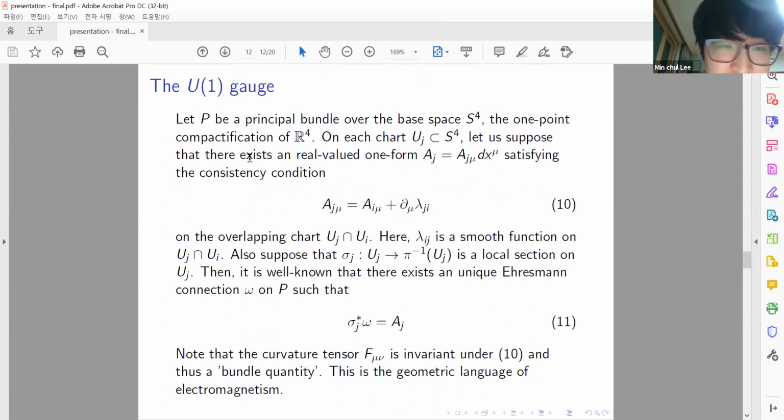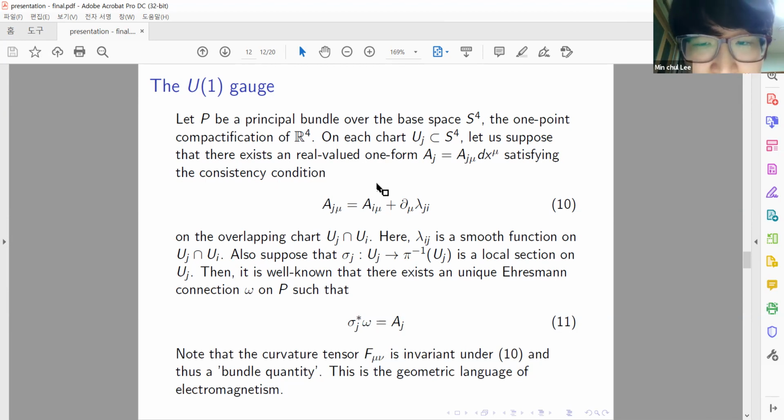Okay, so let's continue. The first is the simplest case of the gauge theory, the U(1) gauge theory. Let P be a principal bundle over the base space S4, which is the one-point compactification of R4.